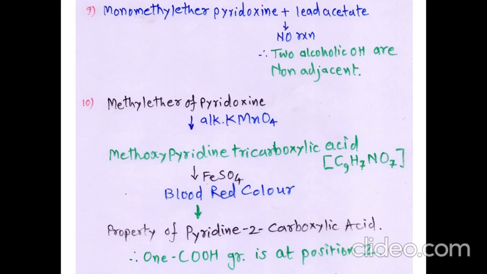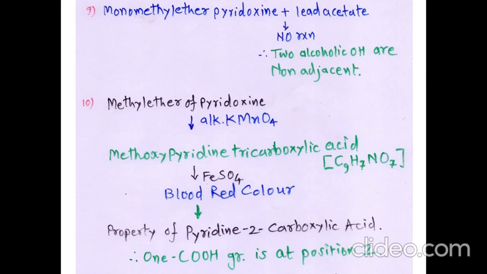That means the 2 OH are not on adjacent positions. How do you confirm? The monomethyl ether of pyridoxine, when reacted with lead acetate, gives no particular reaction. Therefore the 2 alcoholic OH groups are on non-adjacent positions.